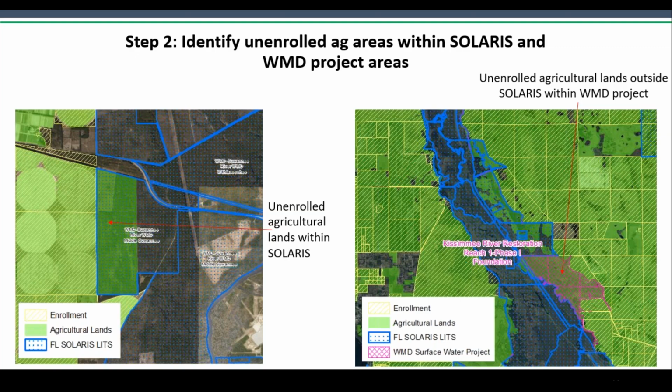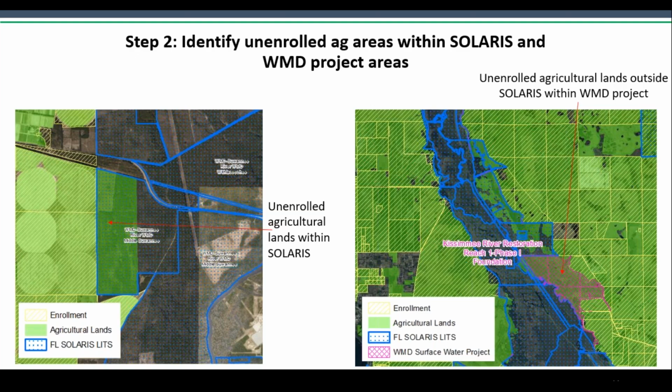We use the Florida State-Owned Lands and Records Information System, abbreviated as FL SLIVERS, Lands Inventory Tracking System, which is abbreviated as LITS if it comes up again, available on DEP's Geodata Directory to identify properties that are owned, leased, rented, or otherwise occupied by the state or a state agency.